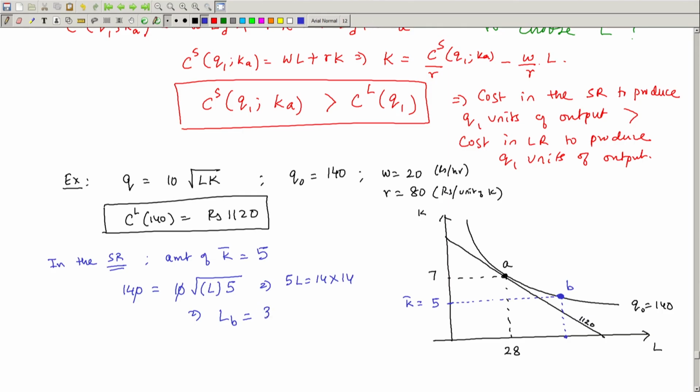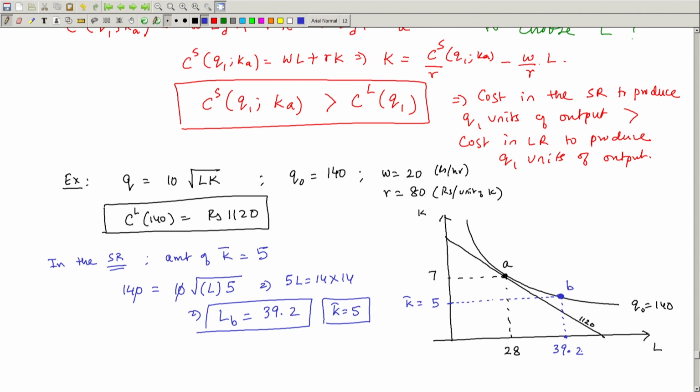If you do this arithmetic, you are going to get 39.2 hours, right? So the new bundle for the firm involves a choice of labor which is equal to 39.2 labor hours, and capital is fixed, of course, at 5 units. So this is 39.2.